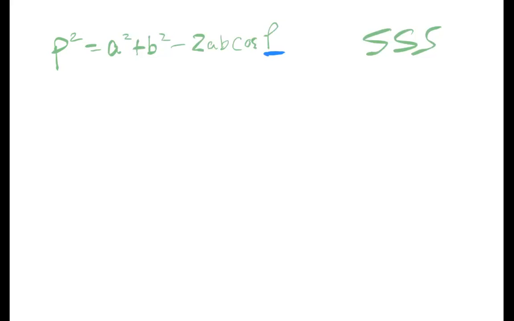What we can do is take this formula and solve it for this angle P and never have to do it again. That seem like a good idea? We're going to do all this algebra right now and we'll never have to do it again. You don't need to write down all the work, how we get there, just follow along. But the end product, you're probably going to want to write down.